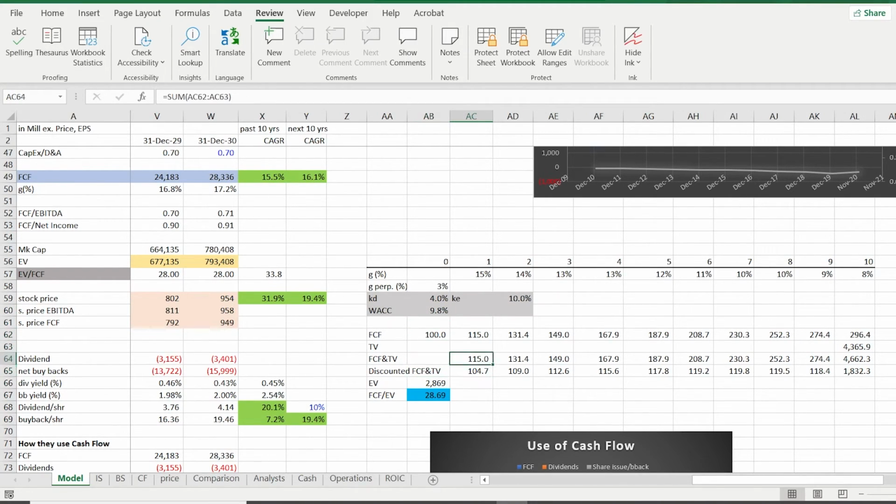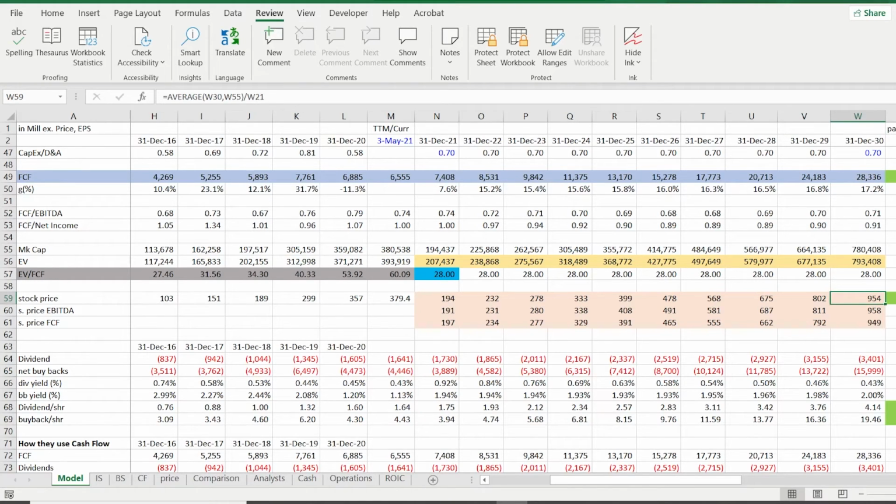If you project this, it gives you 28 times free cash flow of 100. So if we start with free cash flow of 100 and make it grow at this level, then it gives you 28 times. So this is what 28 means in essence.